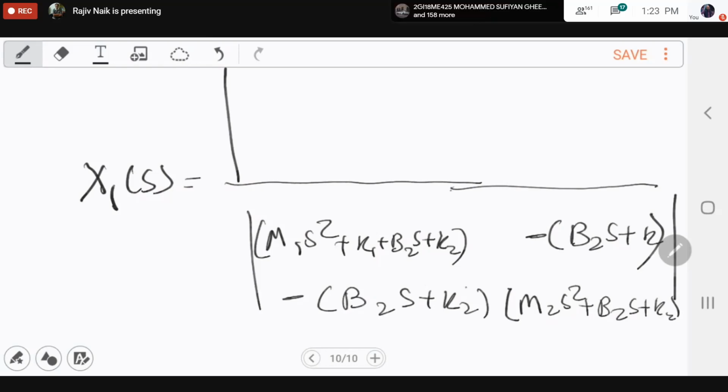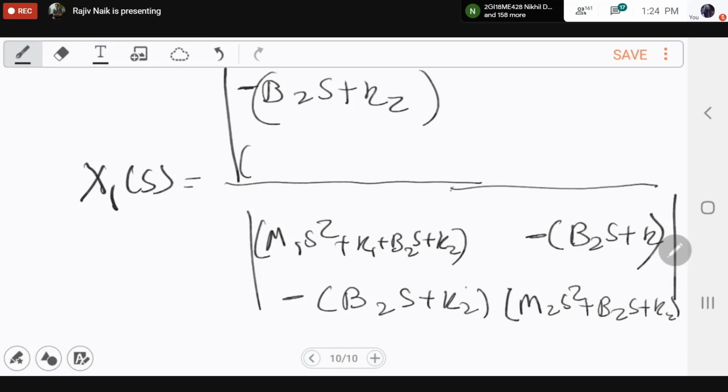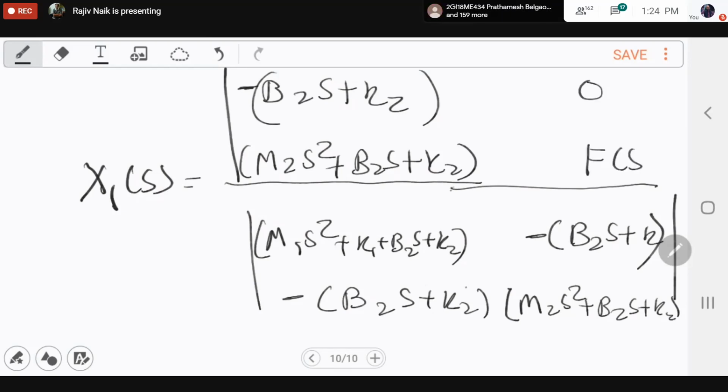So in the first equation, the coefficient of x2 is minus b2s plus k2, and coefficient of x2 in the second equation is, here it is already there, m2s square plus b2s plus k2, whereas right hand side of first equation is 0, the second equation is f of s. This is what is denominator.